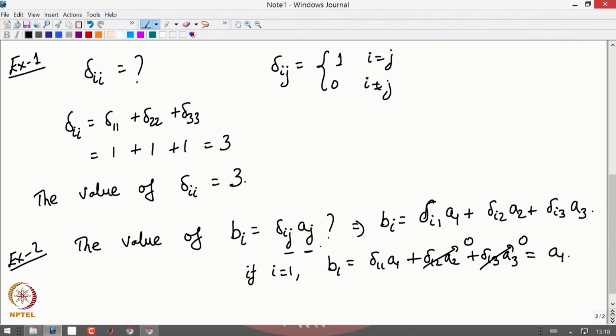So, from solving this equation, similarly if i equal to 2, b2 would be a2, and if i equal to 3, b3 would be equal to a3. All this implies that b i is nothing but a i. This is the second example that we have seen, where we use both the concept of Kronecker delta and the index notation, that if an index repeats itself twice on the same side of the equal to sign, sum from 1 to 3.